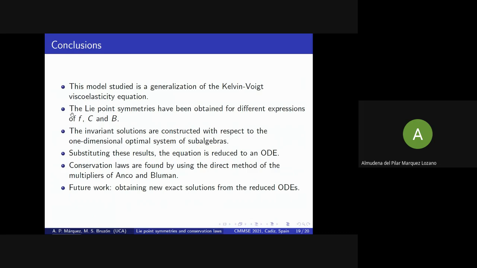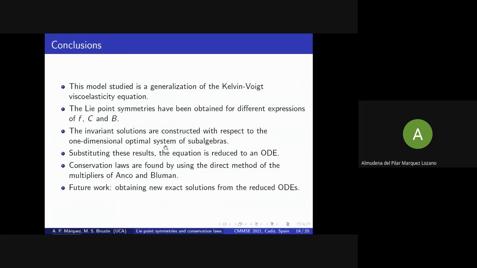We have given a complete classification of the Lie point symmetries for different expressions of F, C, and B. Then we have obtained the invariant solutions with respect to the one-dimensional optimal system of subalgebras. So we have one invariant solution for each element of the optimal system.